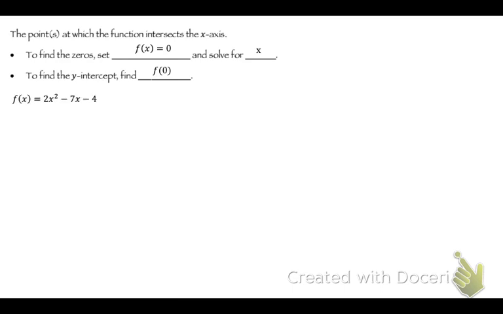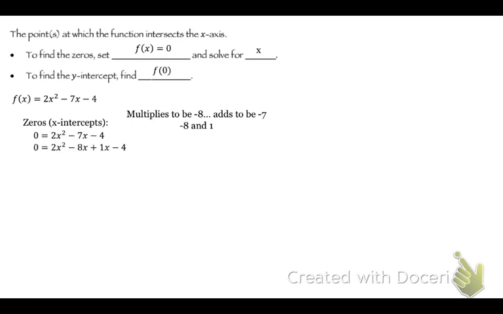Okay? This one. First we're going to find our x-intercepts by setting equal to 0. And you can do this with slip and slide. I don't think I did, so I'm going to just talk through what I did. Multiplies to be 8, adds to be negative 7. Well, that's going to be negative 8 and 1. So this is going to be 2x squared minus 8x plus 1x minus 4.